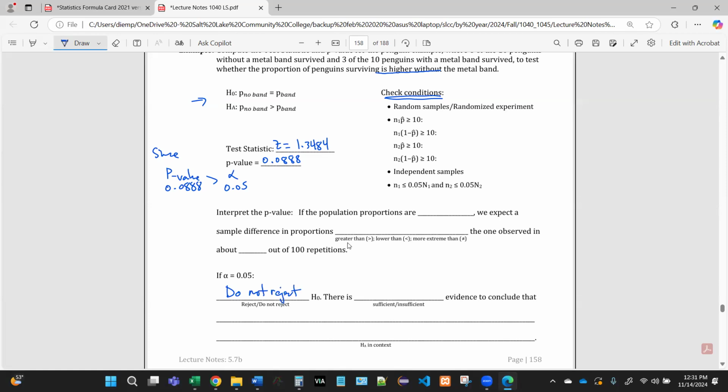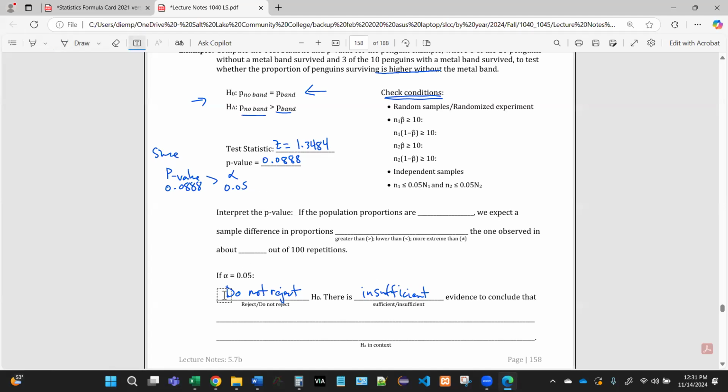Okay, so the null is that the bands are not harming the penguins, right? When we do not reject, we're not rejecting because the evidence is insufficient. So there's insufficient evidence to conclude that the survival rate among the no band group is higher than the survival rate among the banded group, right?